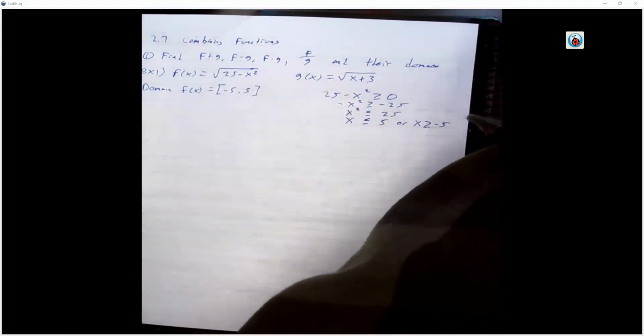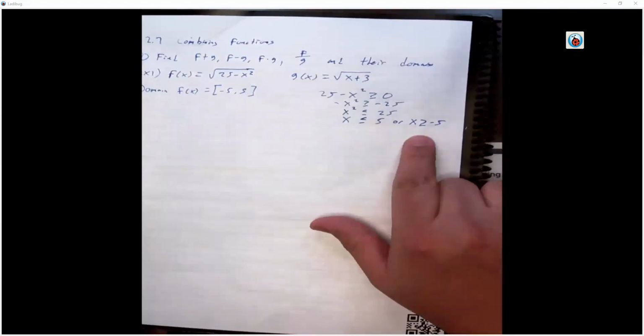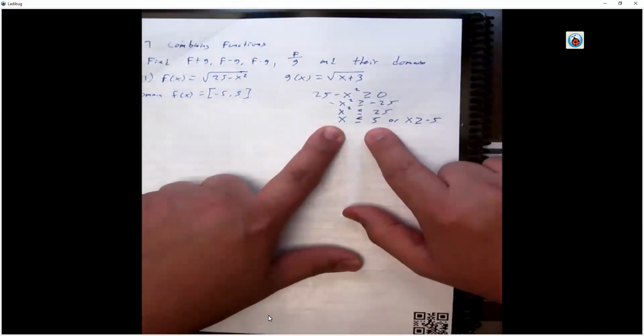Yes. Are you talking about this one, right here? Oh, my bad. So this is saying that x must be below 5. This must be above -5.